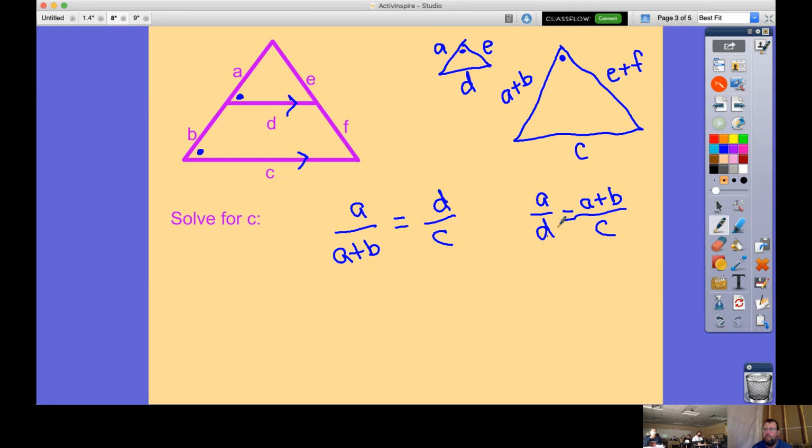When you do the next step here, it'd be to cross multiply. You're still going to multiply these two together no matter which way you go. Another way that you could set this up is you could go E over D equals E plus F over C. Now, the answer for this one is going to be very different than the answer for either one of these two.